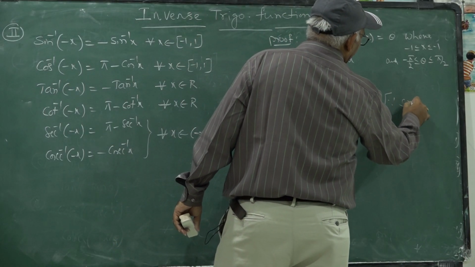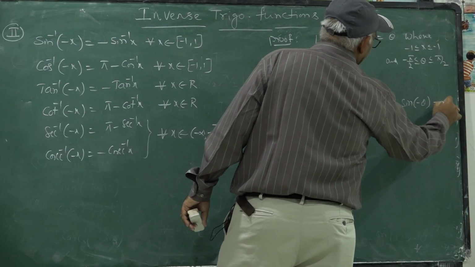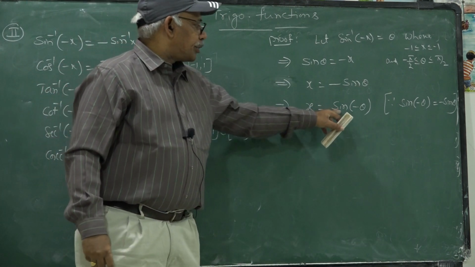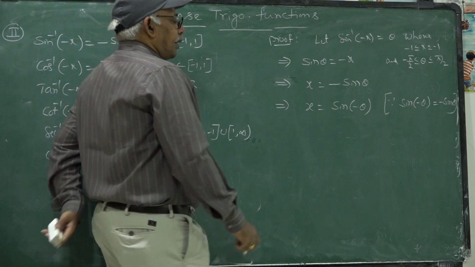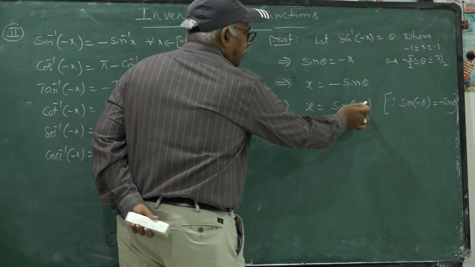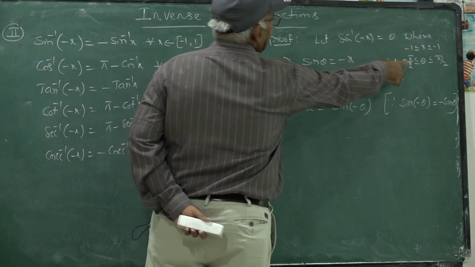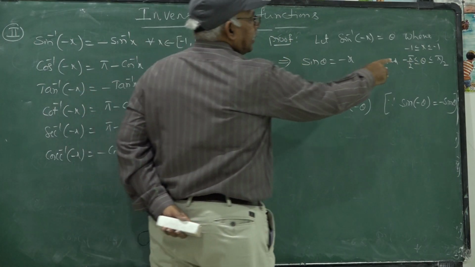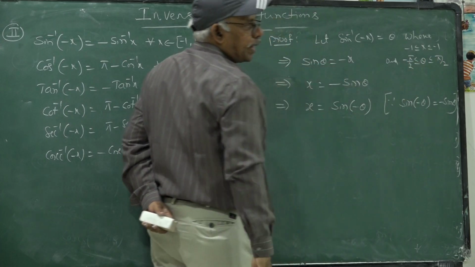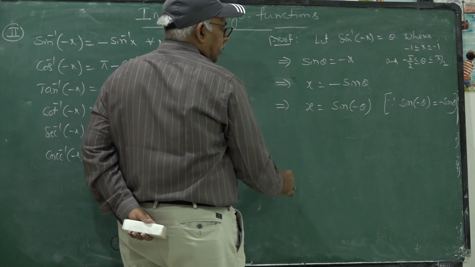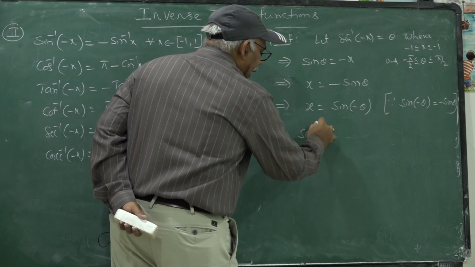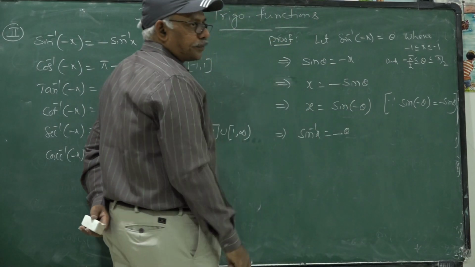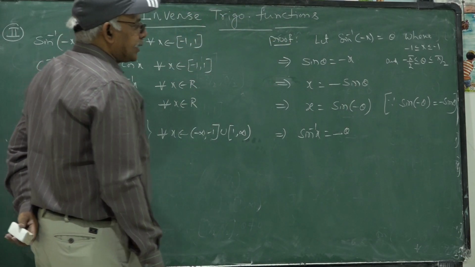Since by trigonometric results, sine of minus theta is minus sine theta, already we know it. Once theta lies between minus pi by 2 to pi by 2, minus theta also lies in this same interval, minus pi by 2 to pi by 2 itself. Hence it is invertible. Hence you can write sine inverse x as minus theta.